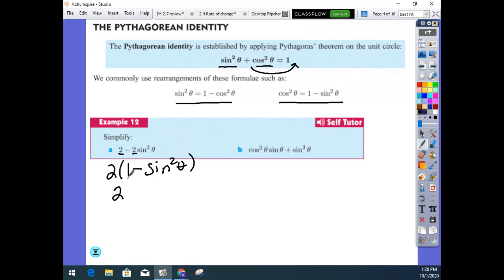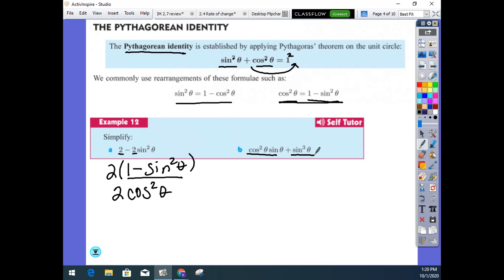Now 1 minus sine squared, we go up here. 1 minus sine squared is the same thing as cosine squared, so I can just replace 1 minus sine squared with cosine squared. What's really, really important, you can only do this if everything is squared, because it's the Pythagorean identity, sine squared, cosine squared. Technically, we even have 1 squared because 1 squared is 1. So you can only do this substitution if everything's squared.